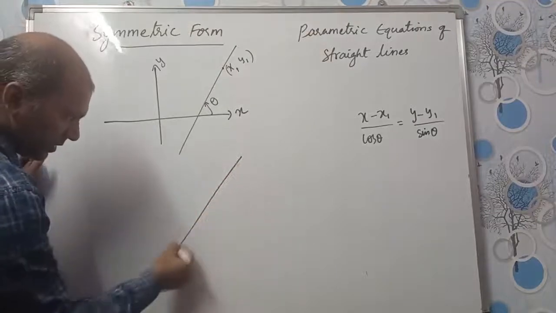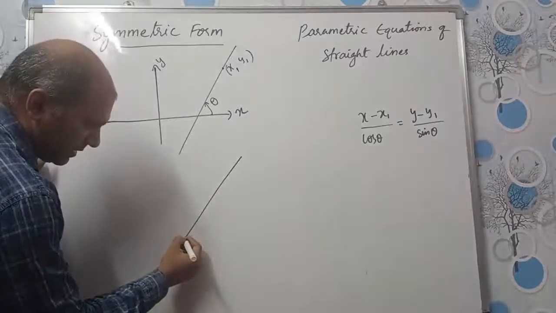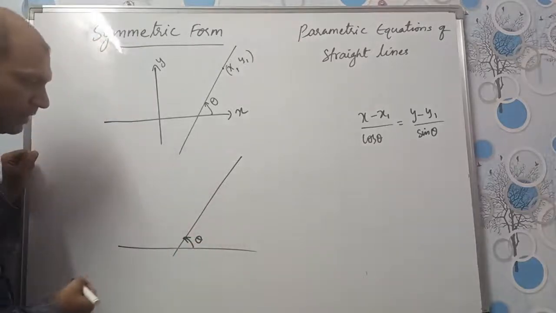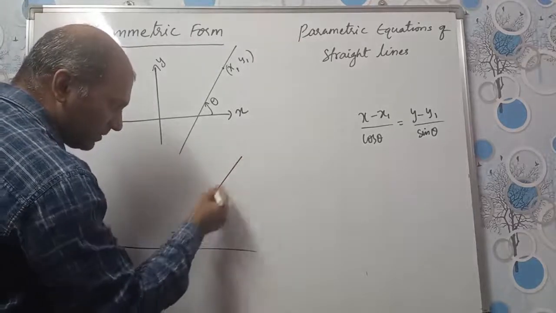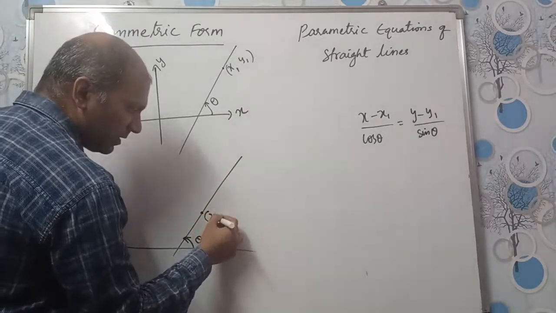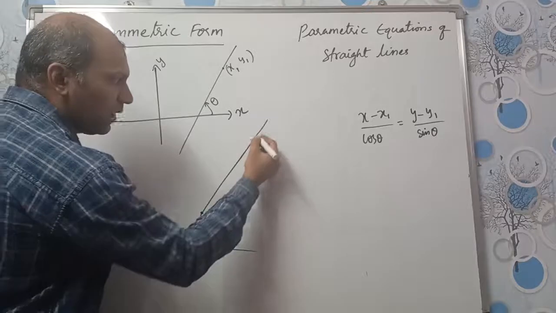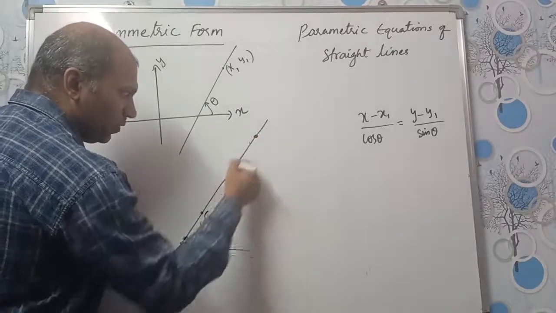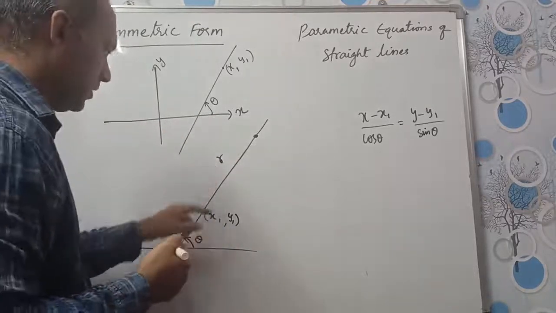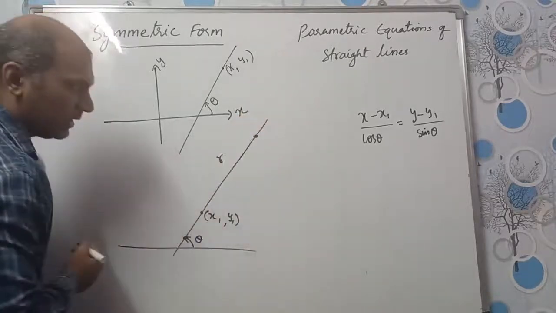Suppose we have a straight line, and this straight line is making some angle with x-axis. Let us say it is theta. Let us say we have a point x1, y1 on this straight line, and there is one more point which is some r units away. r is a parameter, which is r units away from this point, and this point is lying on the same straight line.